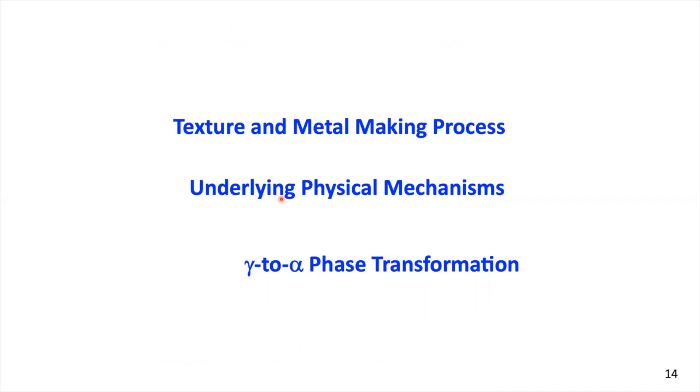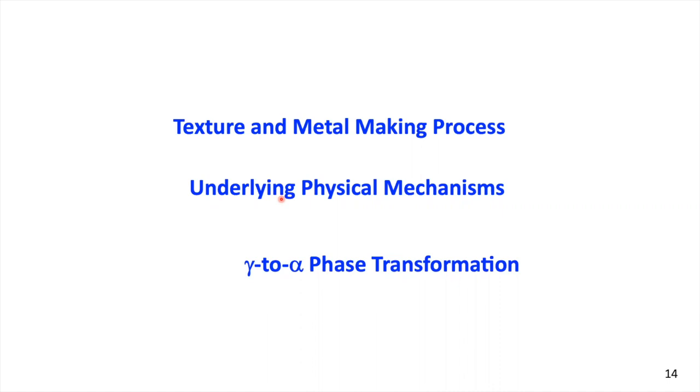And we all know that the metal making process will affect the properties through the microstructure, and texture is an intrinsic part of the microstructure. So let's have a look now at what we can say about texture by analyzing the manufacturing process. And I'm going to give here some examples for steel.